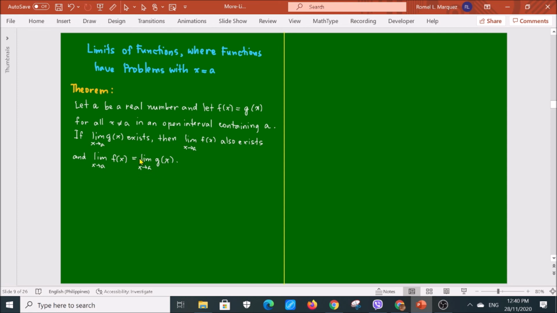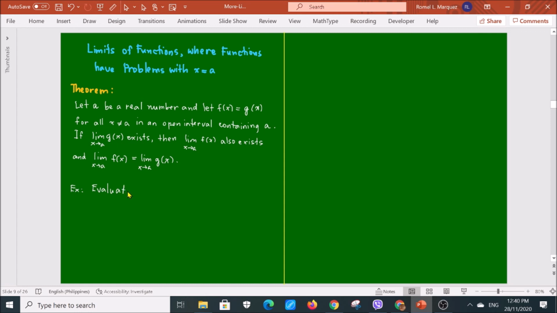So this is useful in dealing with limits where the functions have problems at x equals a. So instead of finding the limit of the original function, we find the limit of the new function satisfying this theorem. Okay? And that is very useful in the following examples.